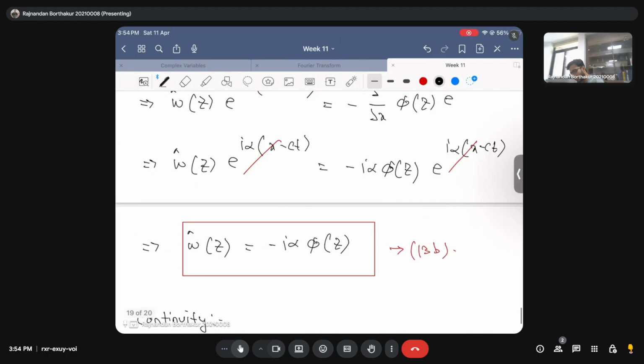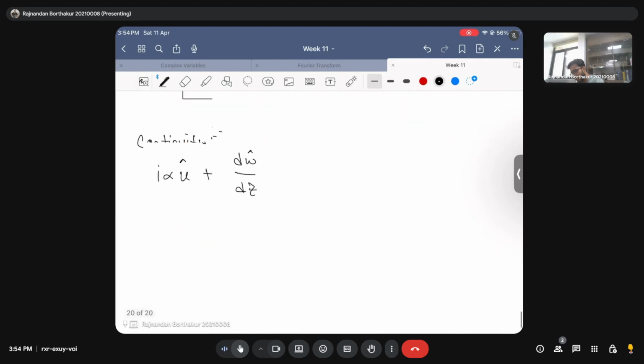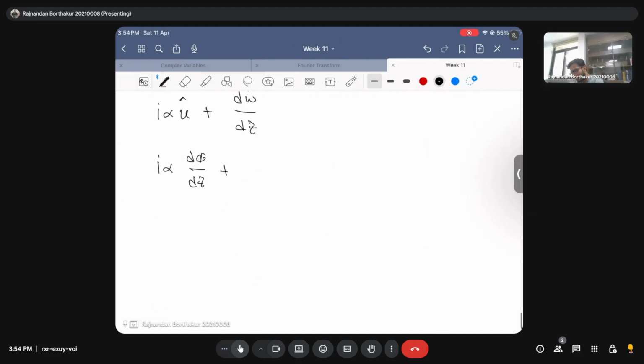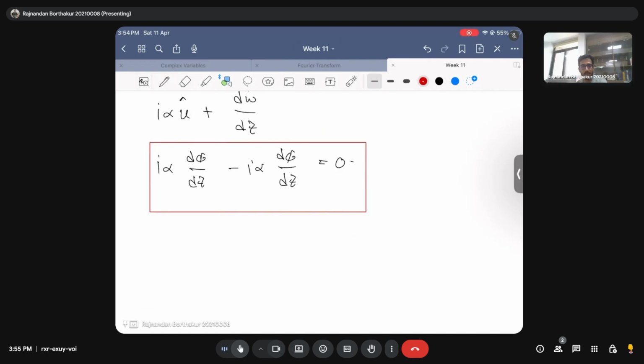If I substitute, u hat is just d phi by dz, so it is i alpha d phi by dz plus w hat, which is minus i alpha phi, so this term becomes minus i alpha d phi by dz. See, it's exactly equal to 0. We have learned that if we define the stream function, the continuity equation is trivially satisfied, and this is the case here: just by defining the stream function and its normal modes as well, the continuity equation is trivially satisfied.